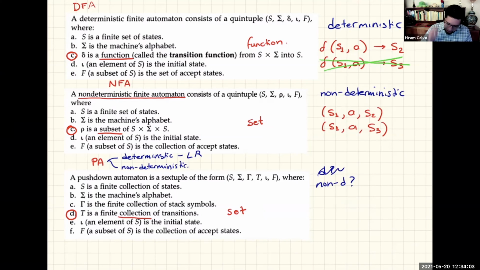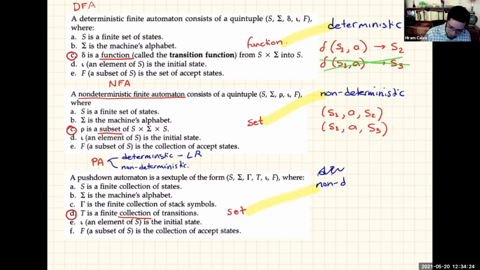Then I want you to map this. Whenever they are deterministic, we have a function. Whenever they are non-deterministic, we have a set. Here we have a set, so these are non-deterministic, right?